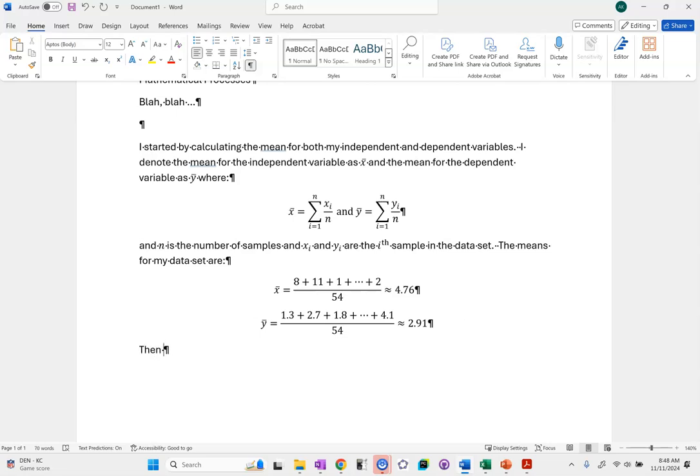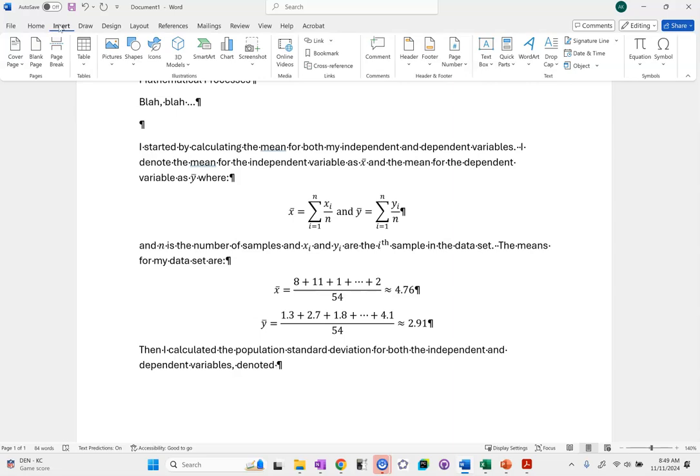So I'm just going to say then I calculated the population standard deviation for both the independent and dependent variables, denoted, and then I want sigma x and sigma y, the standard symbols we used for standard deviations, right?